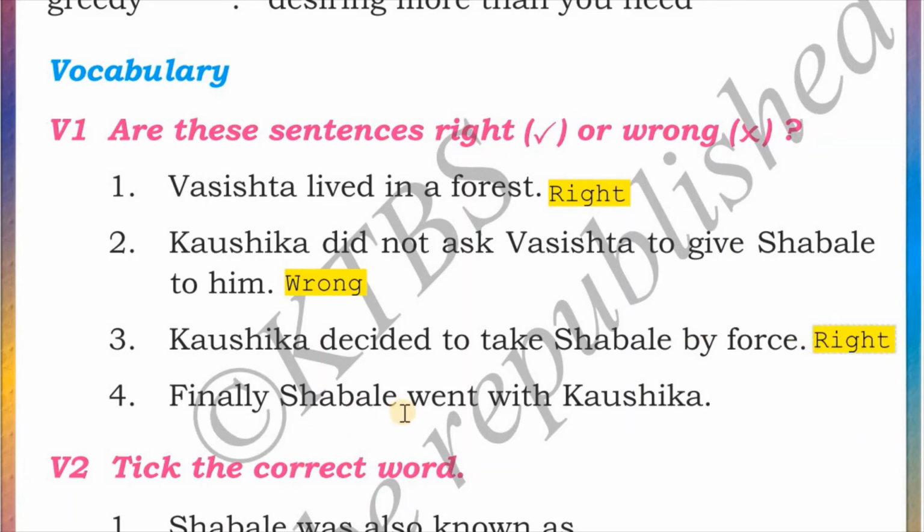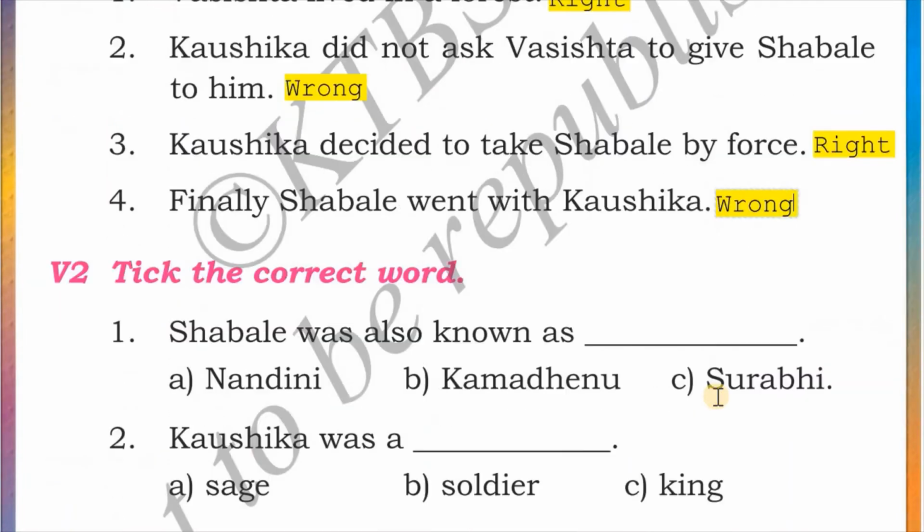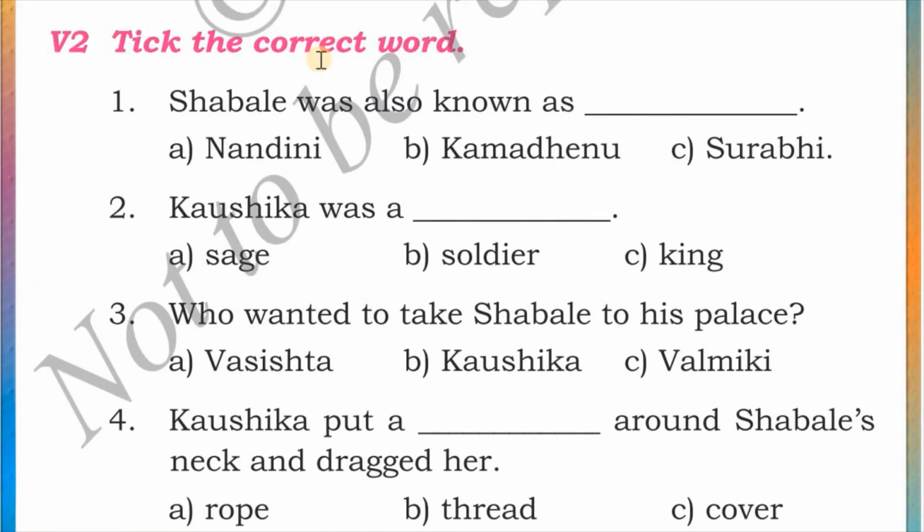Finally, Shabale went with Kaushika. We know that this is not right. Instead, Shabale sent soldiers to chase away Kaushika and his men. So this is wrong. Up next, pick the correct word. So Shabale was also known as Nandini.